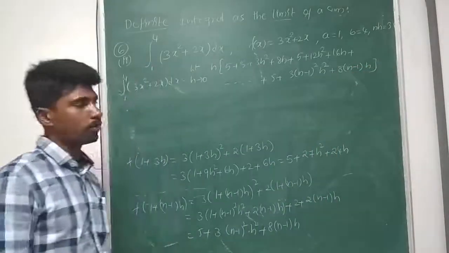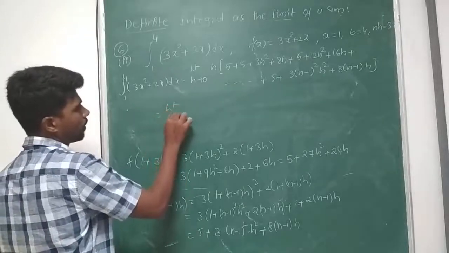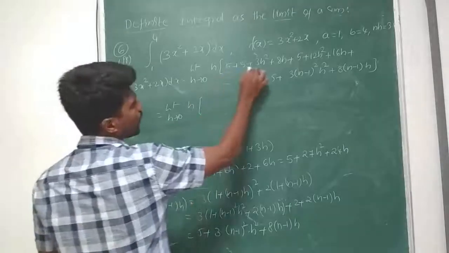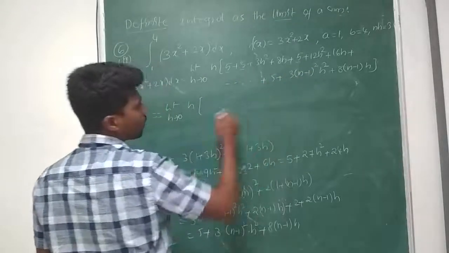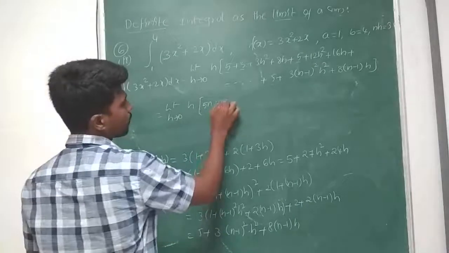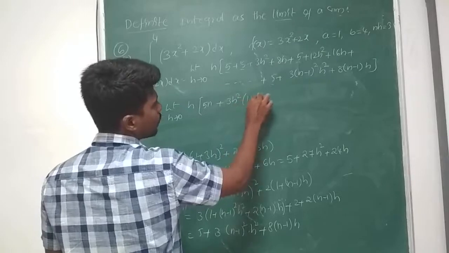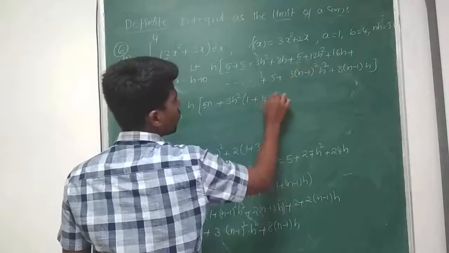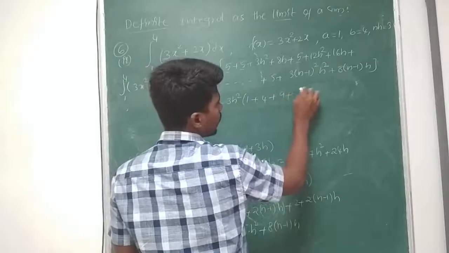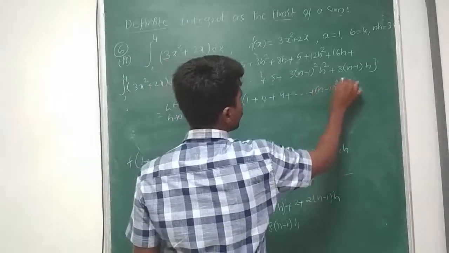So take the common terms and simplify. Limit h tending to 0 of h into, how many 5s can we see? We can see n 5s. So I can write it as 5n plus 3h squared can be taken common. So we get 1 here and here 4 and next 9 and so on, plus (n minus 1) whole squared.